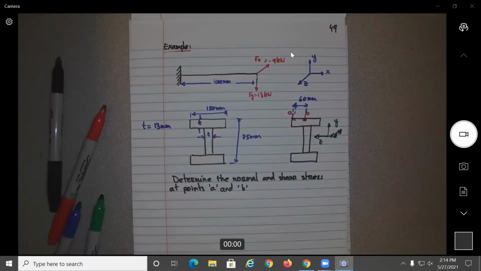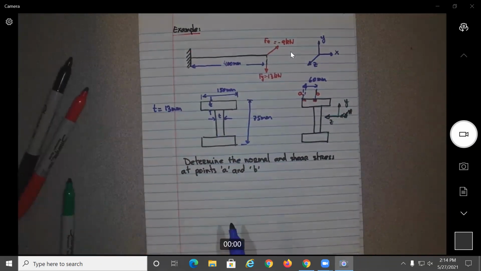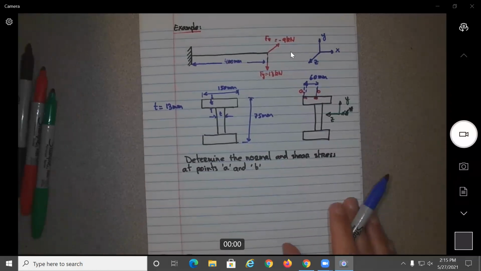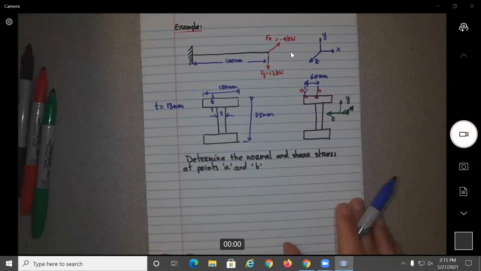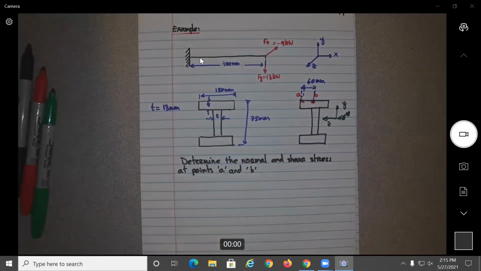First thing we're going to do is find the cross section. I was just thinking that maybe the appropriate way would be to first do the free body diagram, then find the reactions, but let's first just do the cross section.